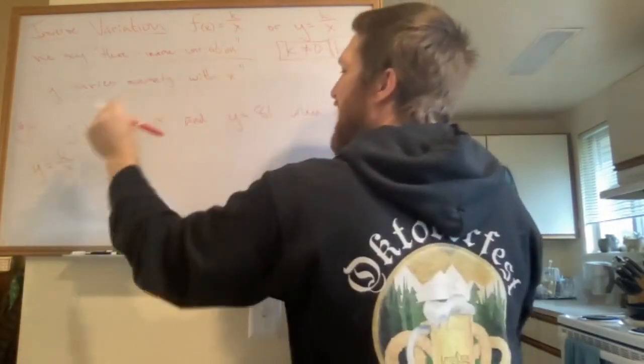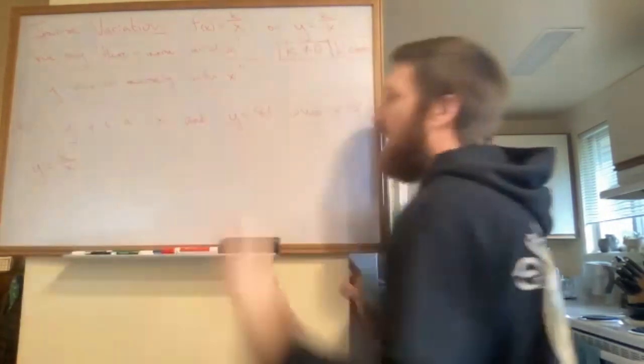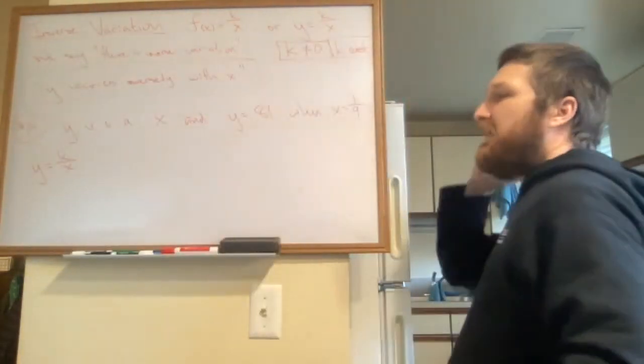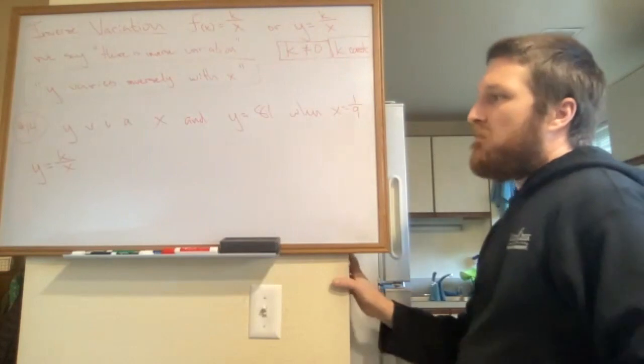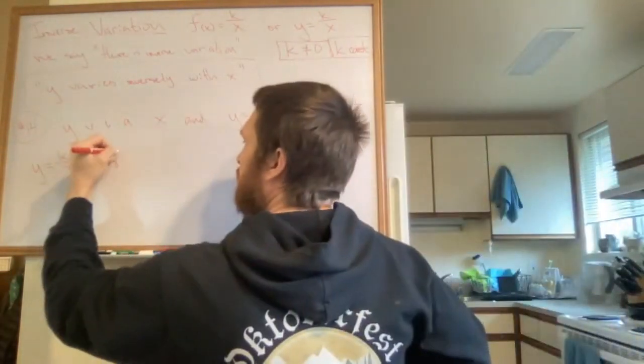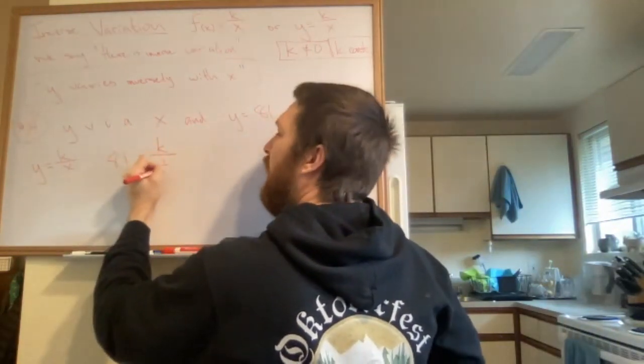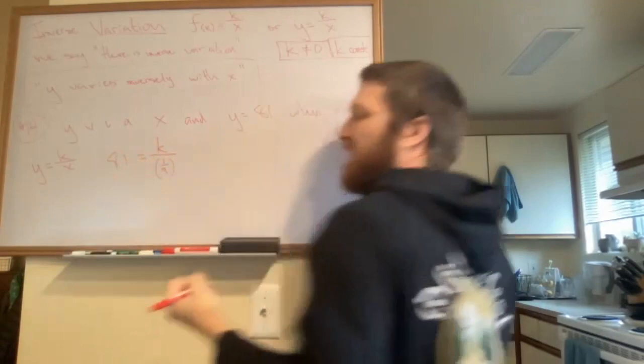It means there is some constant value K so that this works. So what do I do to find K? You have 81 equals K over 1 over 9. And that's the tricky thing, right?